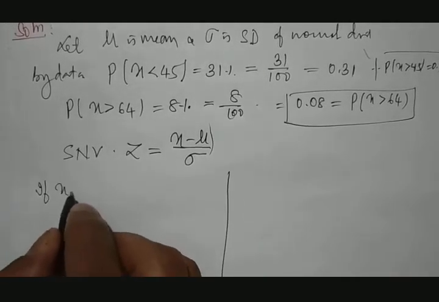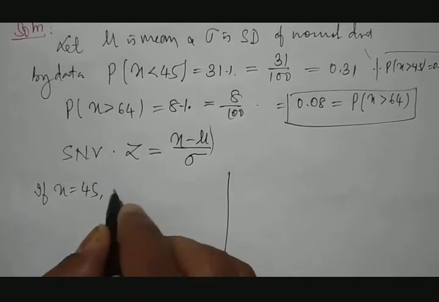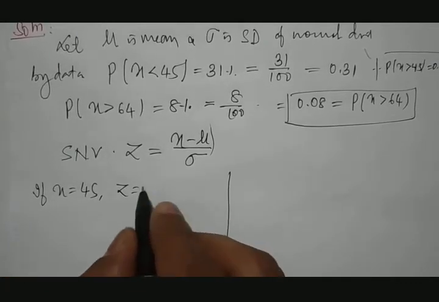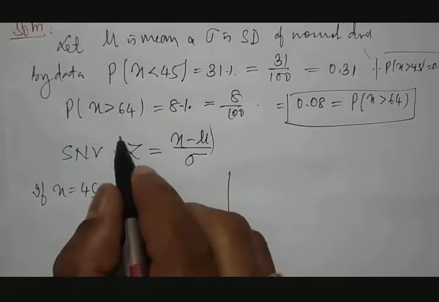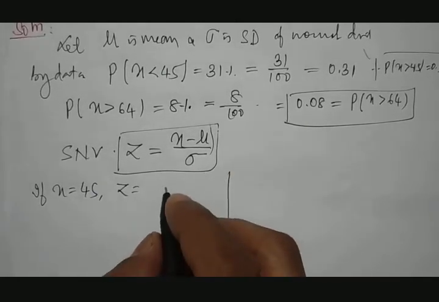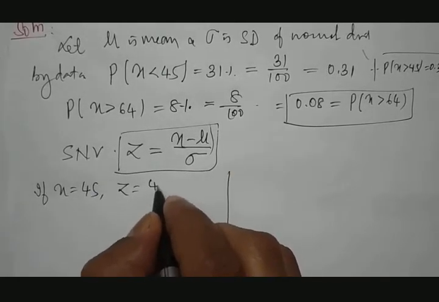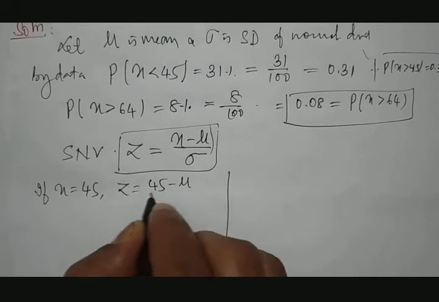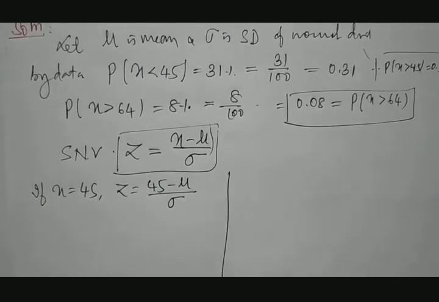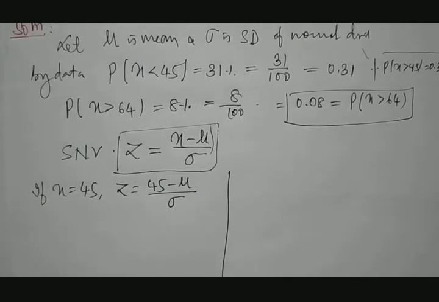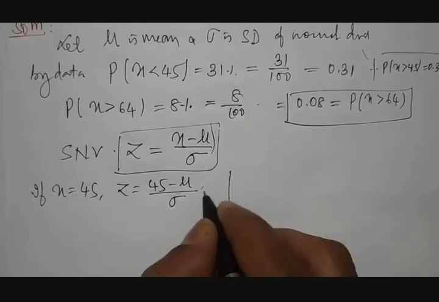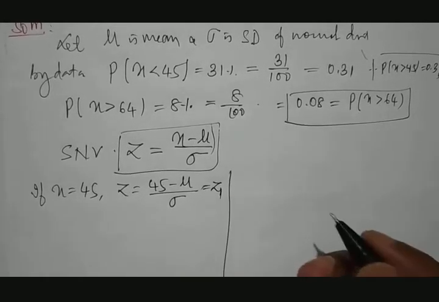If x is equal to 45, how do we calculate z? From this formula: z equals 45 minus mu, which we don't know, divided by sigma. This we take as z1.